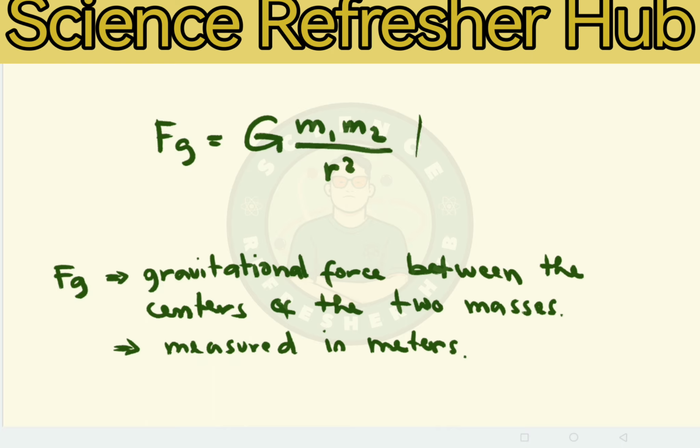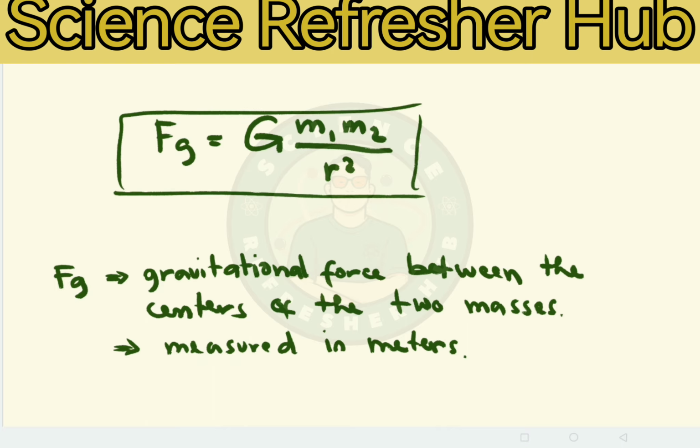That's pretty simple. We can get the Fg, the gravitational force between masses, by simply following this equation.